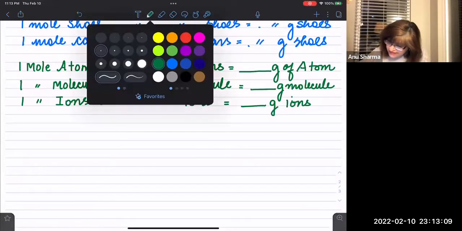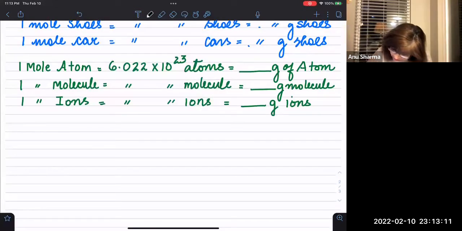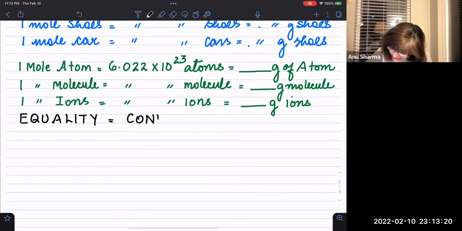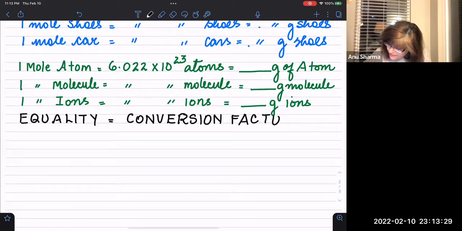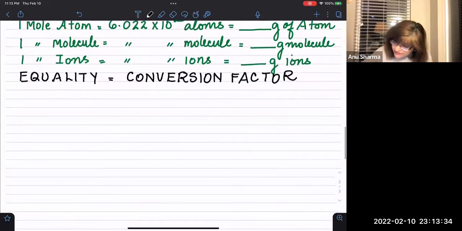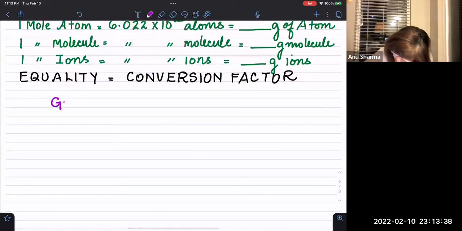Now, based on these are the equalities. Every equality will have a conversion factor. Every equality has a conversion factor. What is that conversion factor? In this conversion factor, you are going to write down whatever entity is given to you, and this given entity has some units.